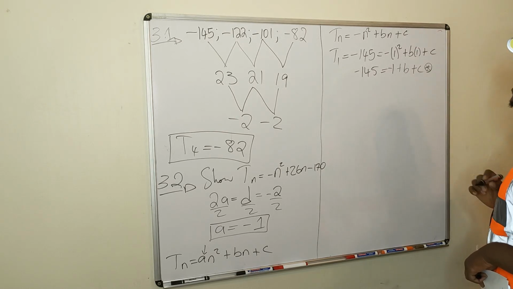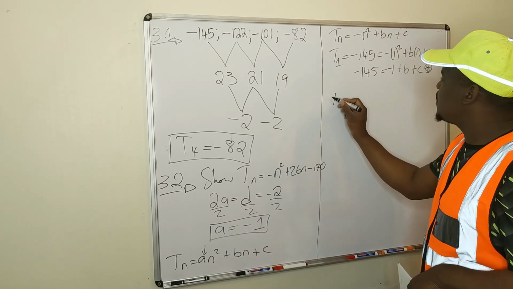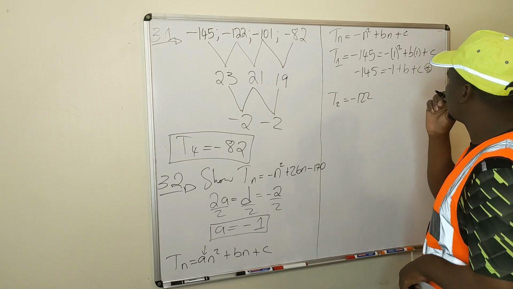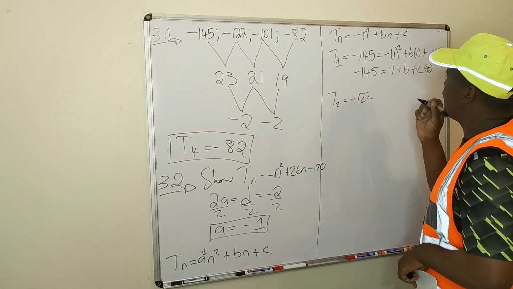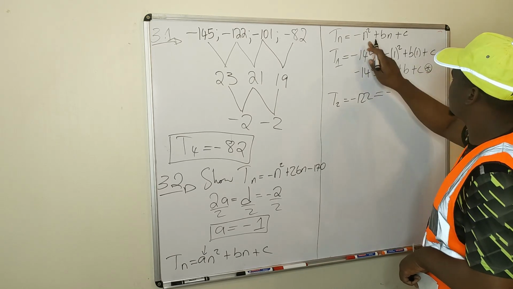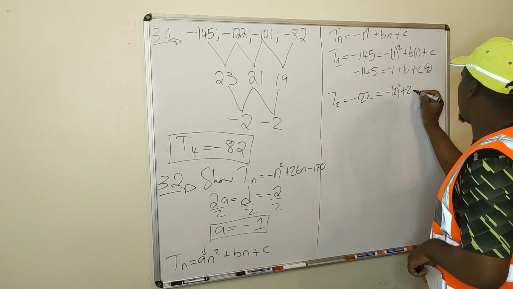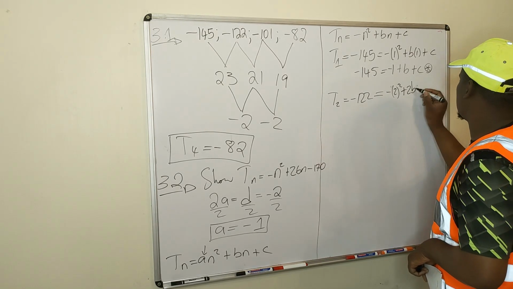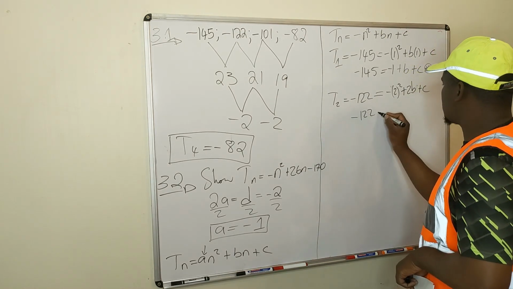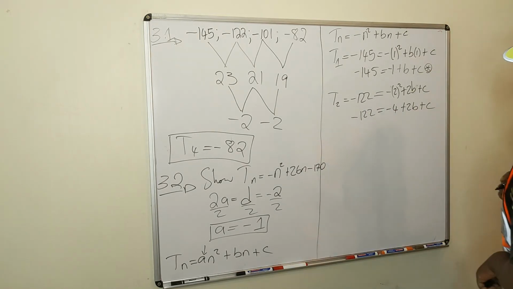Stop right here. Do the same thing for the second term, term number 2, which is minus 122, equal to negative 1 times 2 squared plus 2b plus c. So you have minus 122 is equal to negative 4 plus 2b plus c.